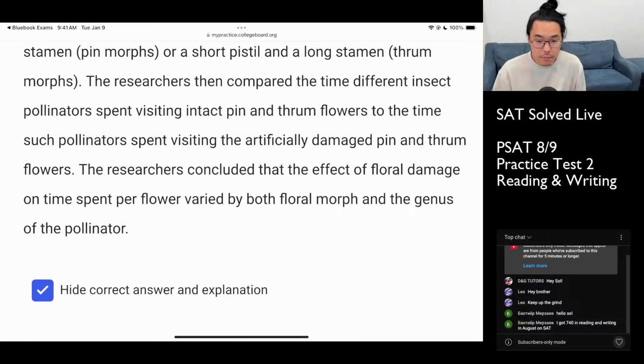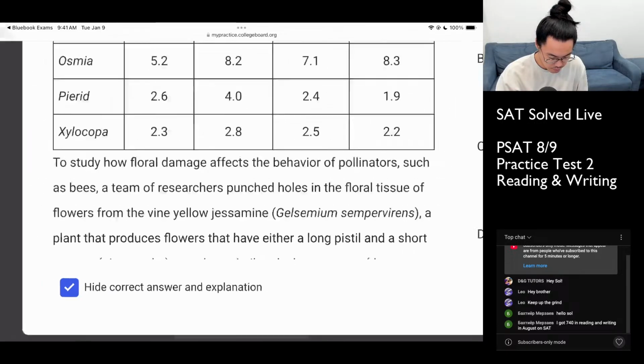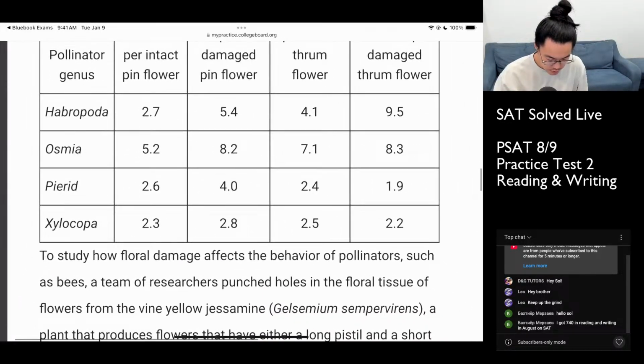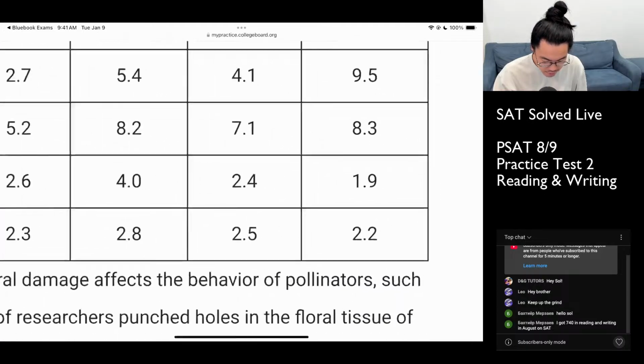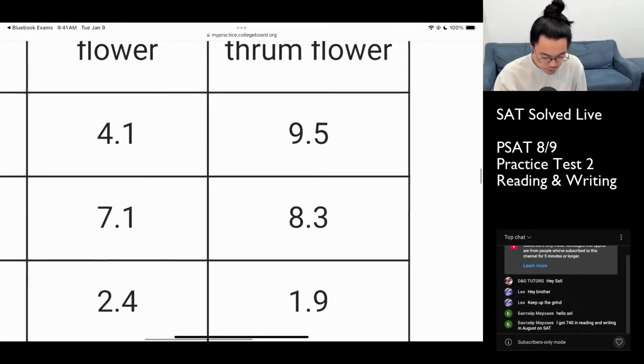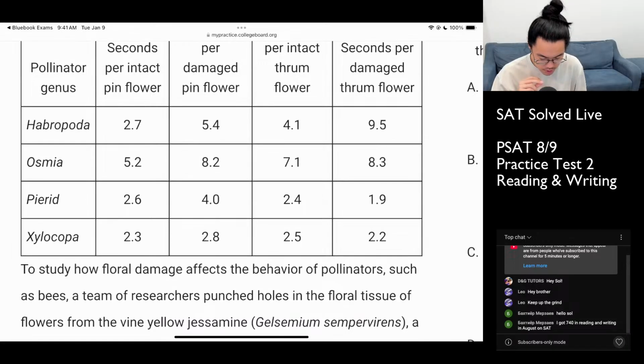So you guys should remember that actually I made the right prediction. They concluded that the effect of floral damage on time spent per flower varied by the morph, which is the first two columns versus the second two columns, and the genus, which is the rows. Okay? And so what I said was, let's take, for example, P and X. What we'll notice is that for P and X, we actually have less time spent for damage compared to H and O, right?